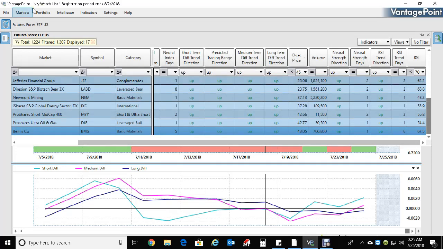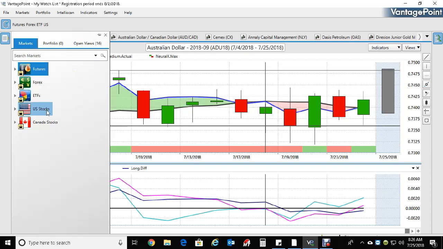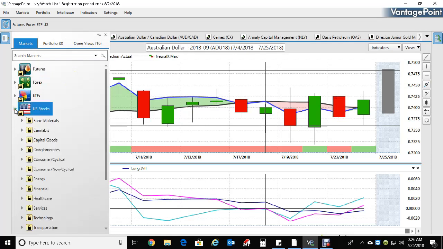So now you don't have to keep creating more IntelliScans. If you want to look at these four of them together, the opportunities you're going to be able to find are always going to be available for you here. But then you can create as many IntelliScans as you want with individual ones or just with one sector.